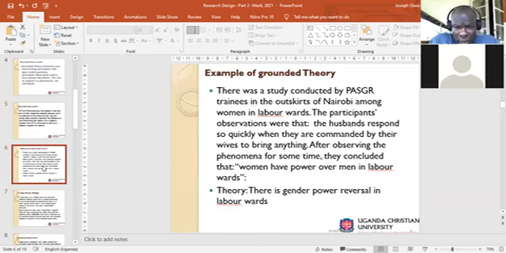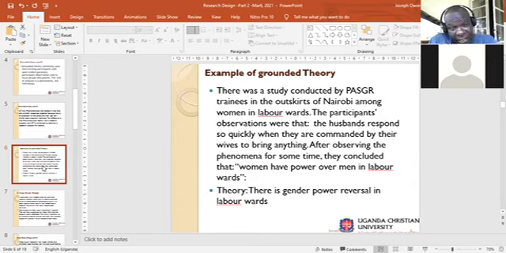An example of grounded theory. There was a study conducted by PASGA. PASGA is an acronym for one of the organizations in Nairobi that does research, which leads to policy formulation.